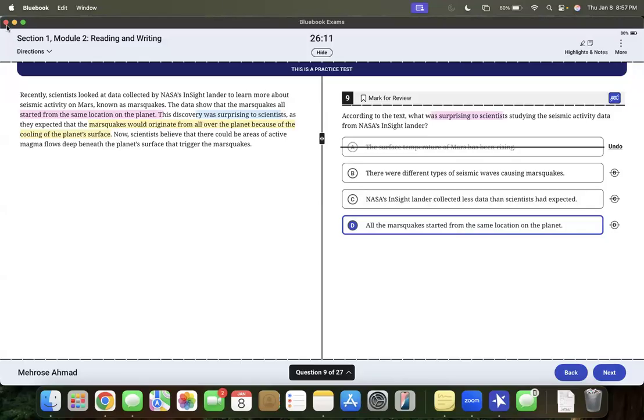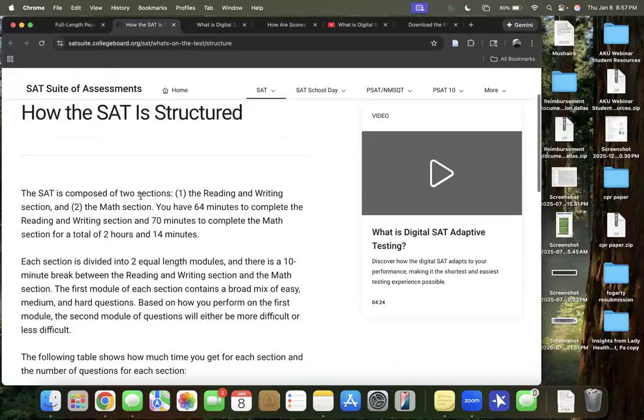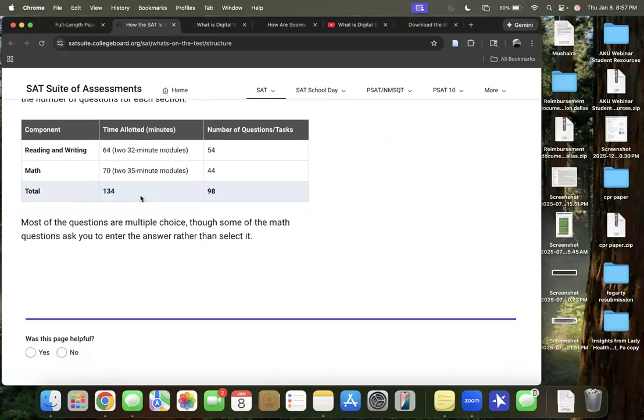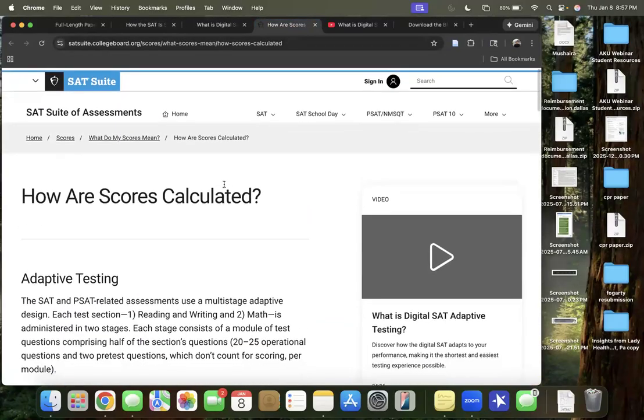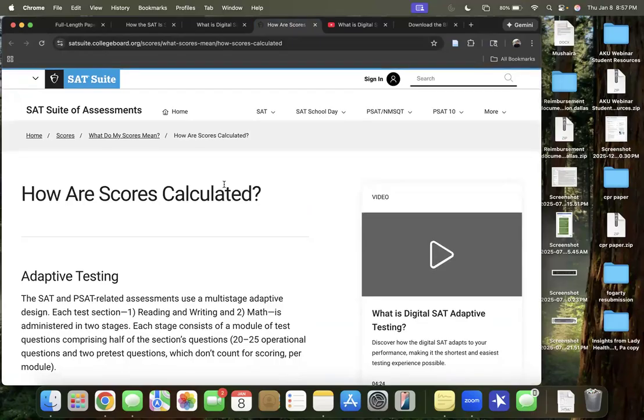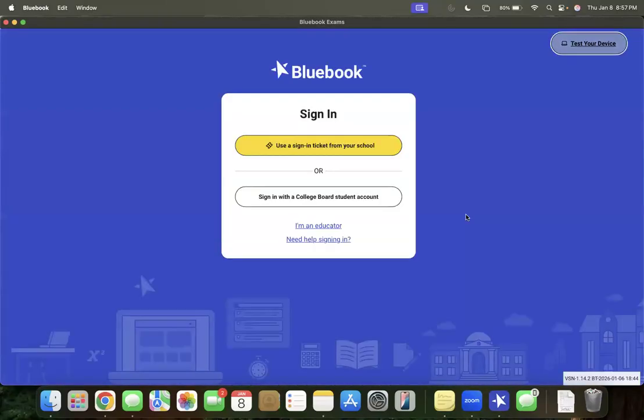We went over the format of the reading and writing section, which is 64 minutes and 54 questions. We also went over the adaptive module technique, and we went over the Bluebook app and all the resources that students can use for practice testing and for getting familiar with the online platform. So that is that. Any other questions before we wrap up the meeting in the next minute or two?